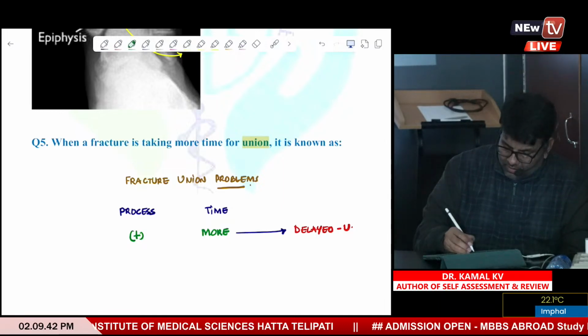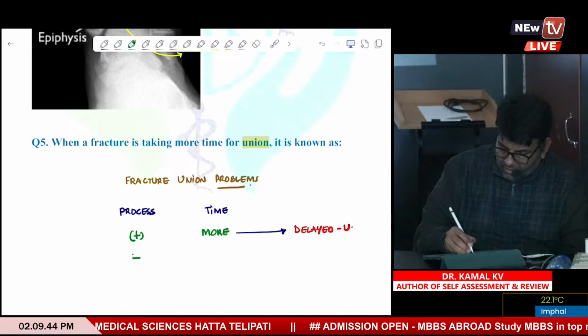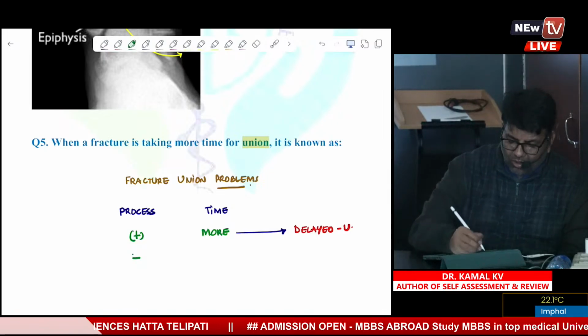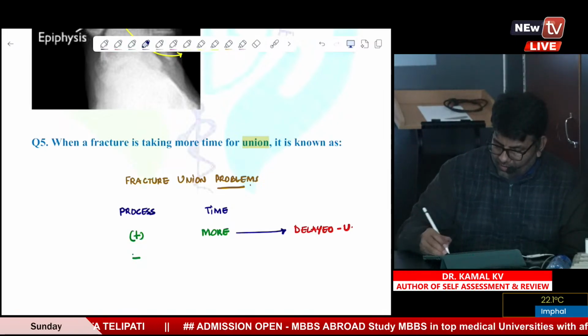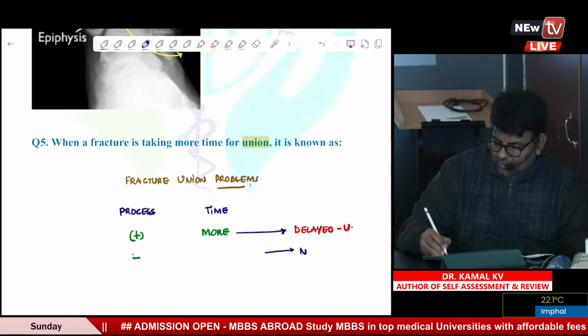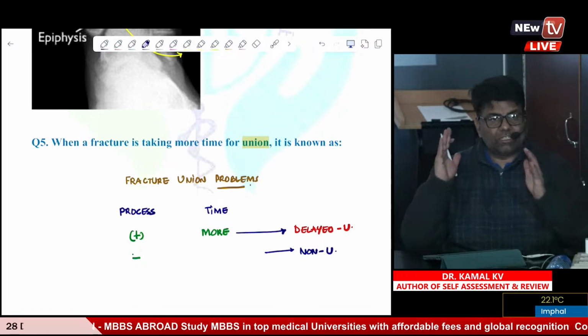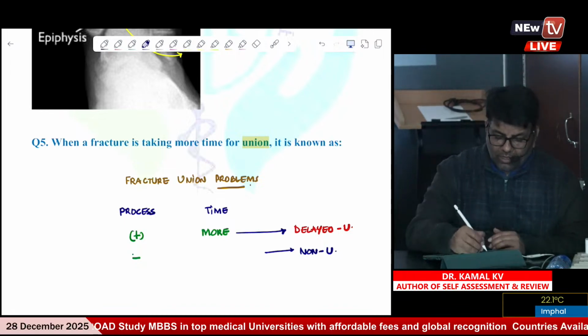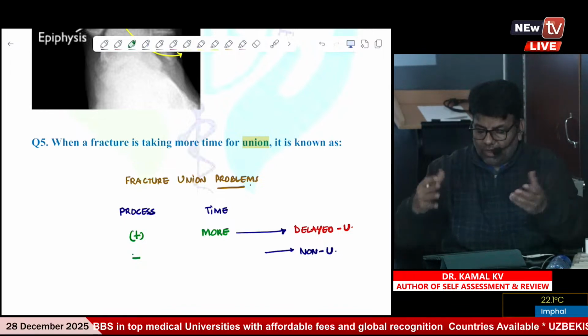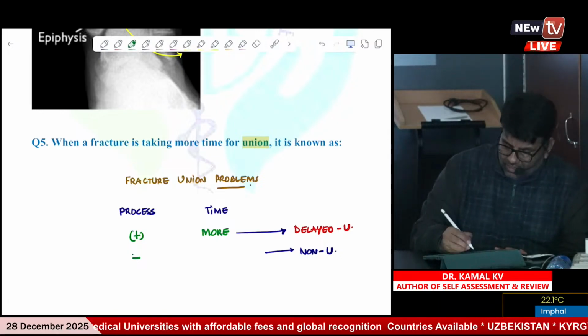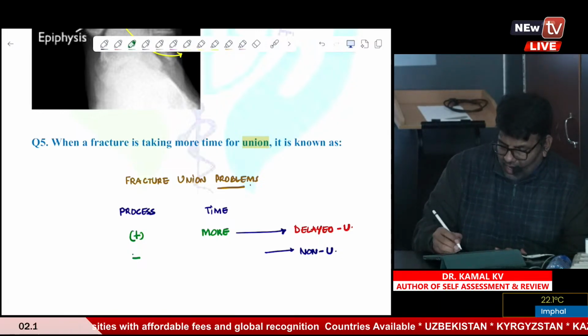Sometimes what happens? The process is not going on at all. So what will happen? This is non-union, right? If the process has stopped before the union of the bone, you will call it non-union. So the process has stopped and union has not occurred.